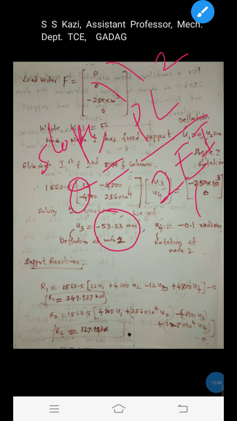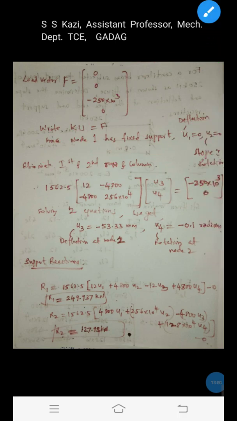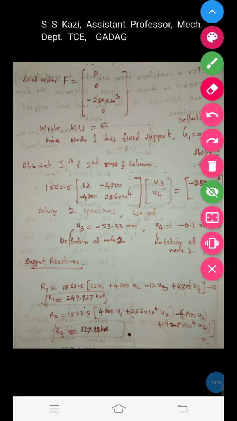You substitute Young's modulus 200 into 10 raised to 3, and the moment of inertia given, 4 into 10 raised to 6. If you substitute all these values and calculate the slope at the free end of a cantilever by using that formula, you will get 0.1 radians only. Okay, this is how we can compare the FEM results with the analytical results.